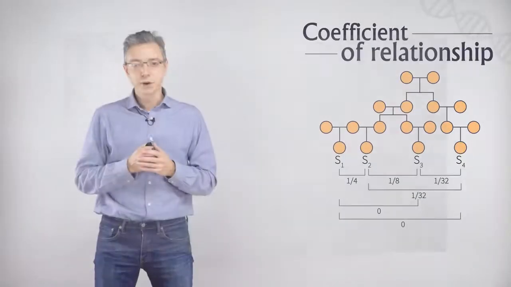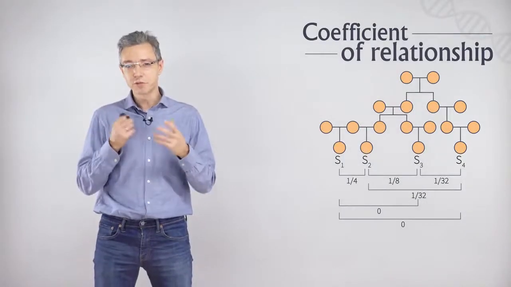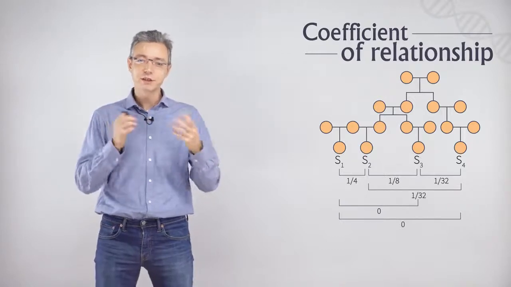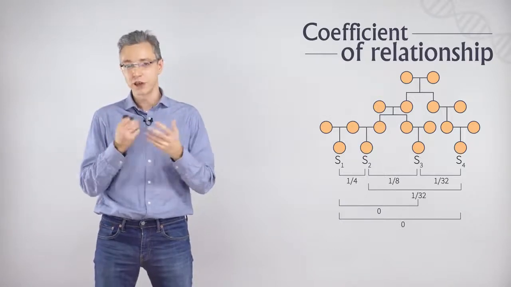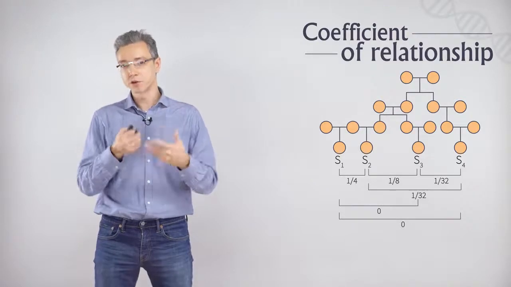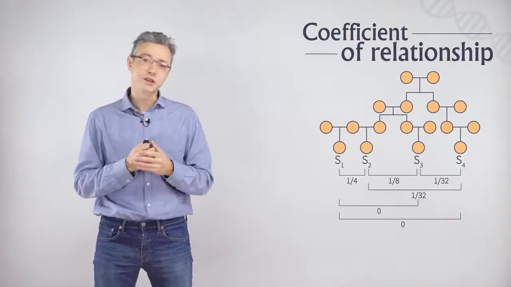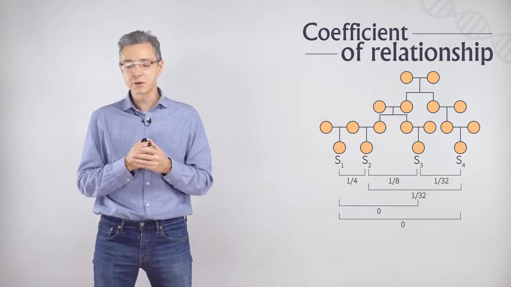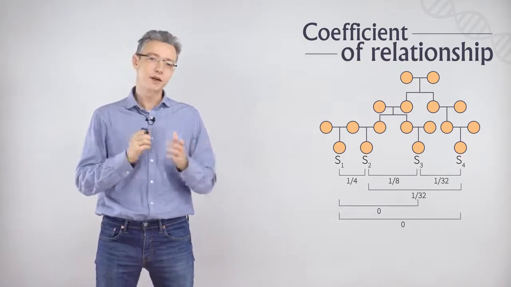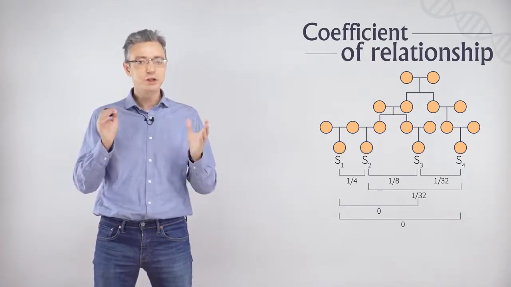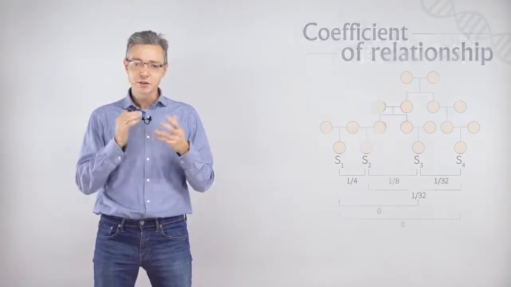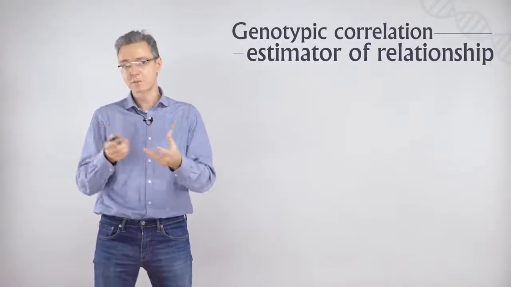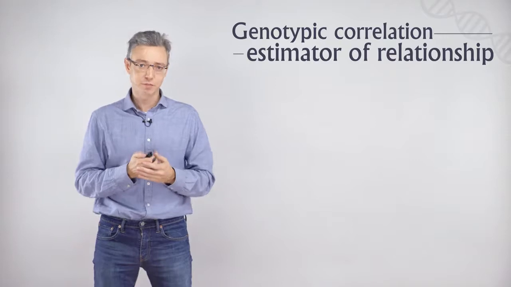Another interesting thing about the coefficient of relationship is that when you have a pedigree, it's relatively easy to compute this expected proportion of the genome shared identical by descent. But in an era of genomic studies, you actually do not need to know the pedigree, because you can simply look into the genomes, and the correlation along your genomes can tell you about the relationship and kinship between individuals.